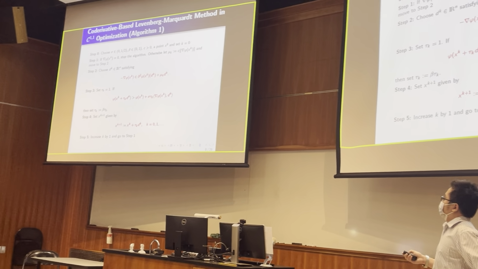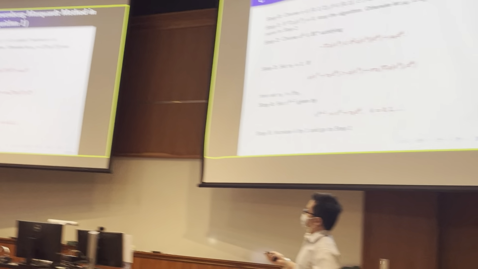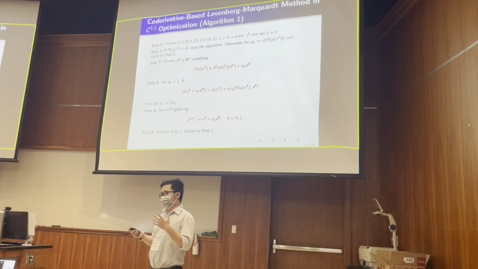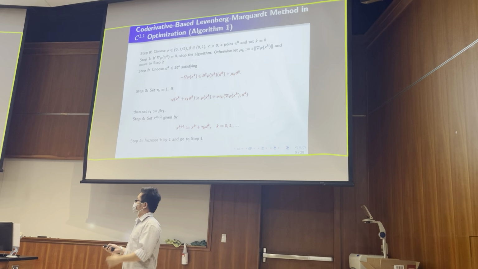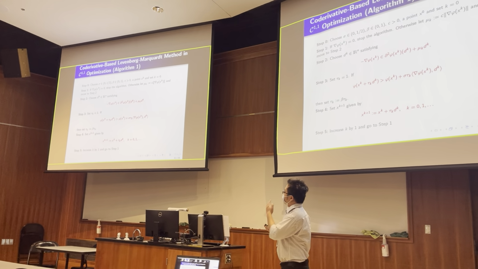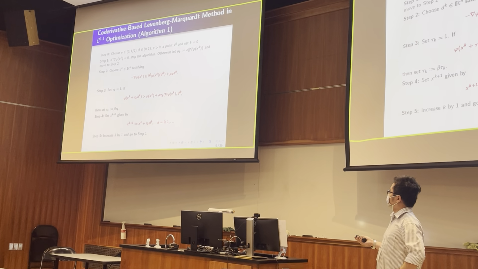We replace the Hessian matrix by the second-order subdifferential, because in C^{1,1} optimization we do not have the Hessian matrix. All the other steps are the same as in the classical Levenberg-Marquardt algorithm.